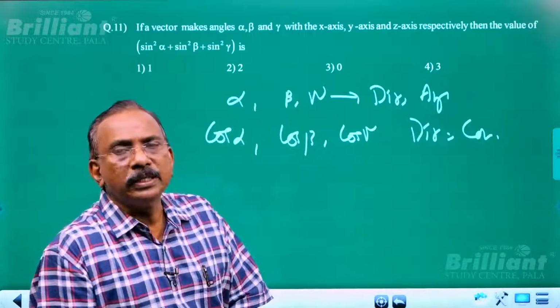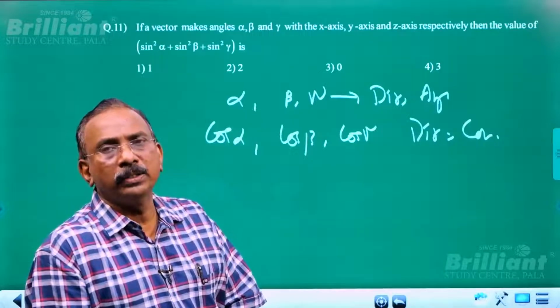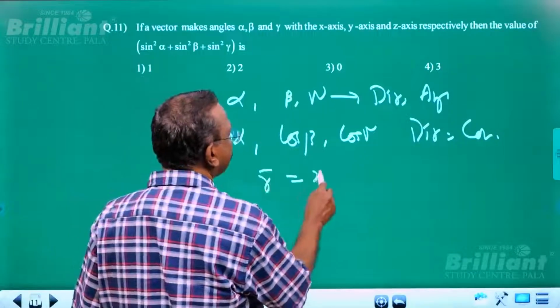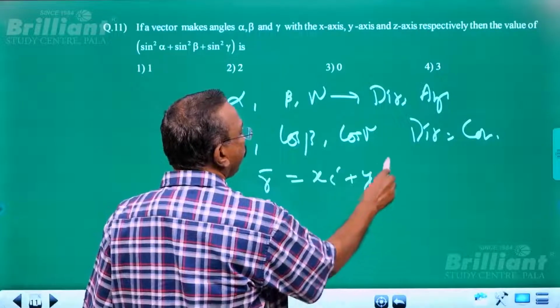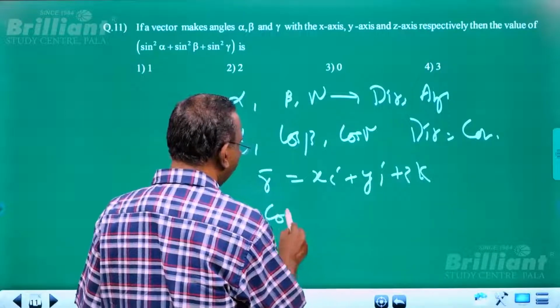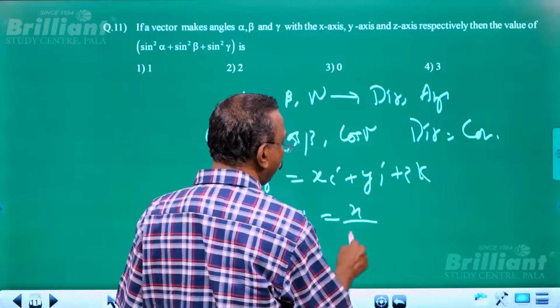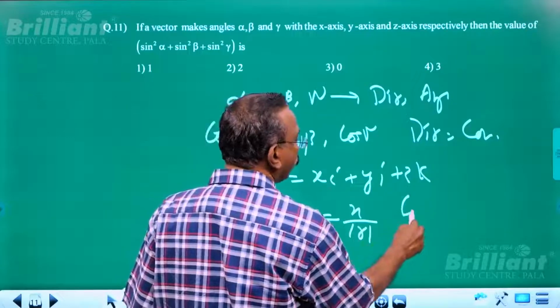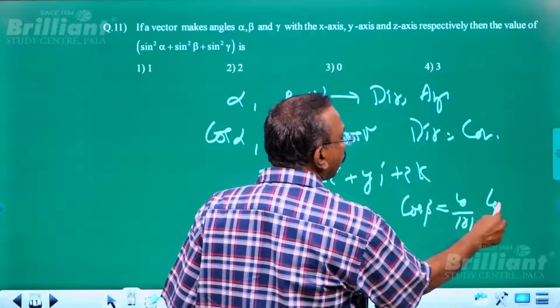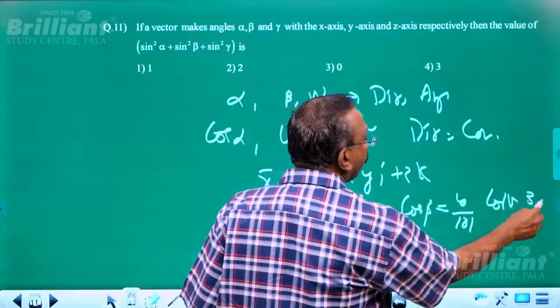Now you know that if r bar is equal to xi plus yj plus zk, then cos alpha is equal to x by mod r, cos beta is equal to y by mod r, and cos gamma is equal to z by mod r.